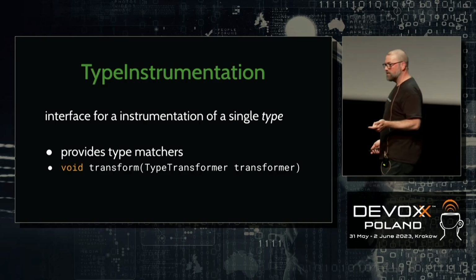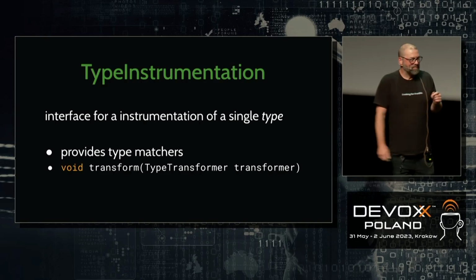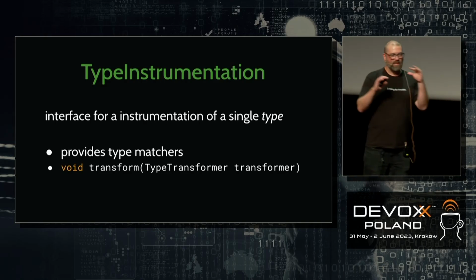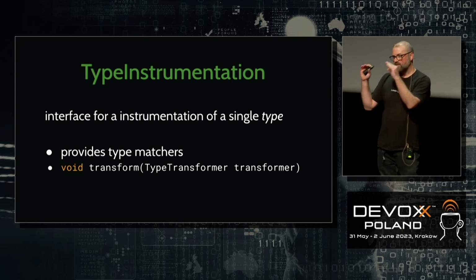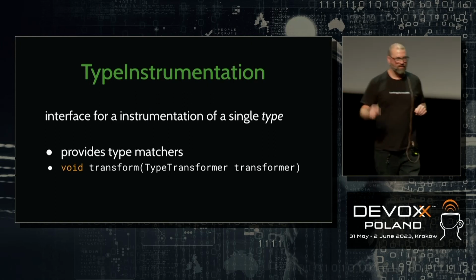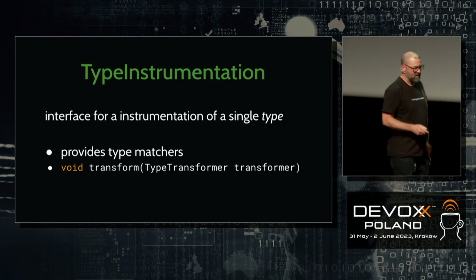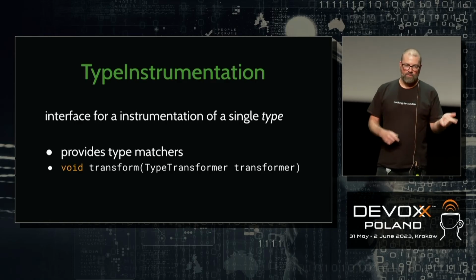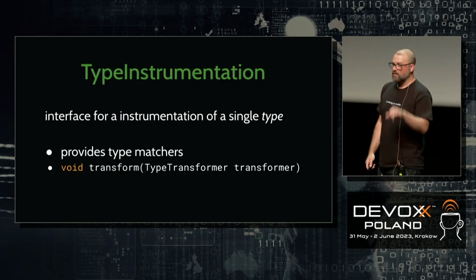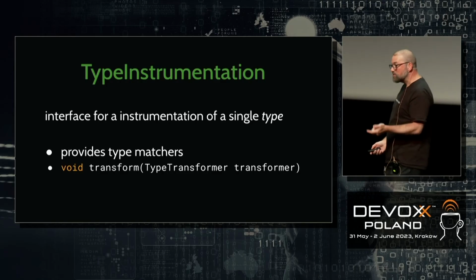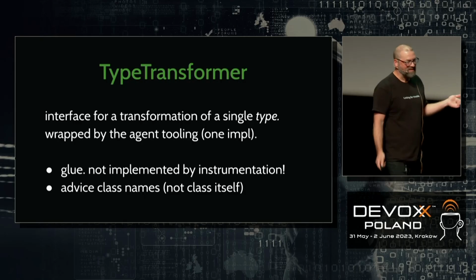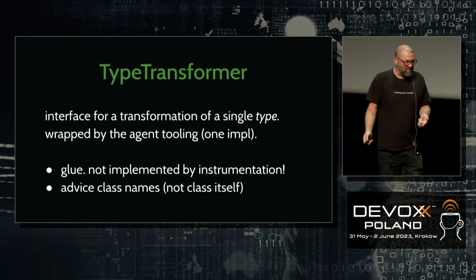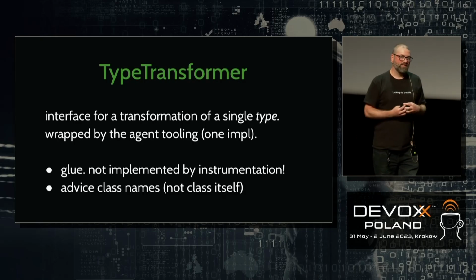What the heck is a type instrumentation? Type instrumentation is an interface for attacking or going after addressing a single class that you want to pull data out of. And it provides type matchers, and it can transform using this type transformer. Well, guess what is a type transformer? The type transformer is an interface for a single type. There is one implementation inside of the agent.